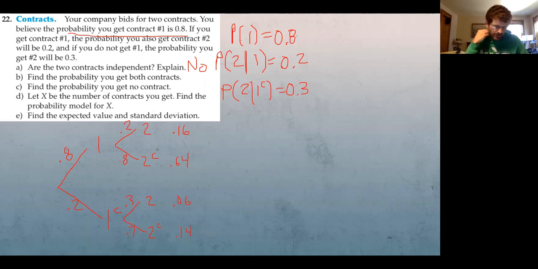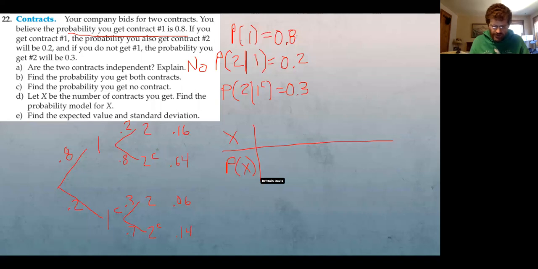Okay, so now we've got this. Now we're going to come up with our probability model. So we have different outcomes with different probabilities. Let X be the number of contracts you get. So what are the different outcomes we could get?